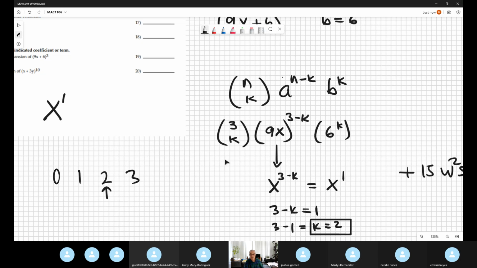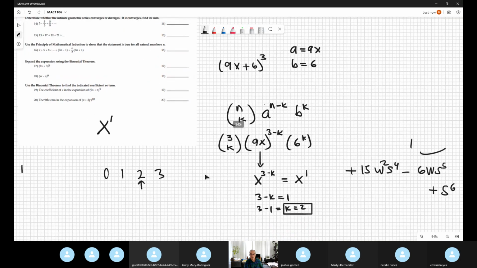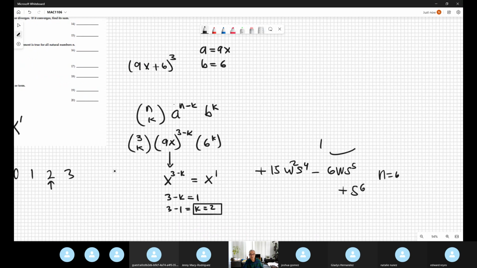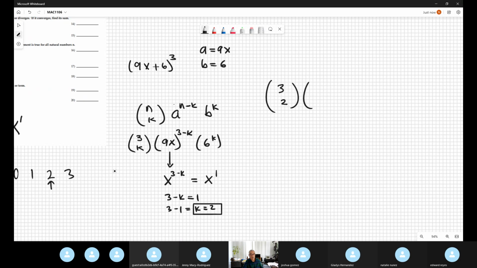It's basically, I come back to the beginning. It's combinatory 3, 2. Because k is 2, 9x raised to the 3 minus 2, which is 1, and 6 raised to the k, which is 2.